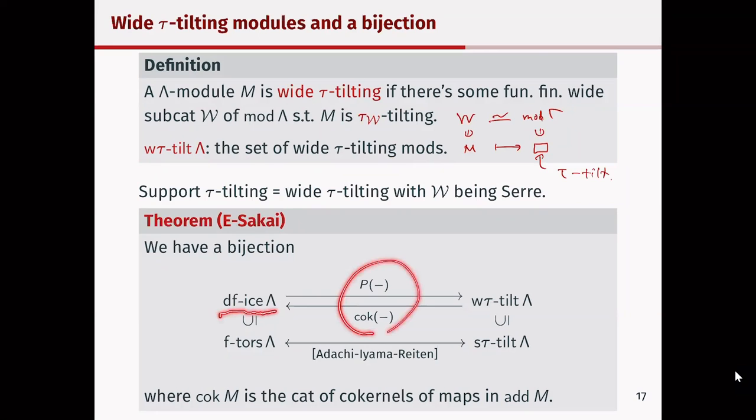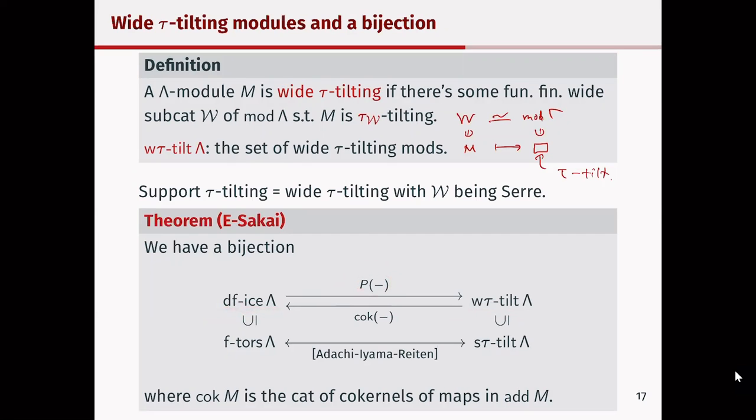So we have a bijection between doubly functorially finite ICE closed subcategories and wide tau-tilting lambda modules. And the map P is the same: we take the direct sum of the Ext-projectives of ICE closed subcategories.